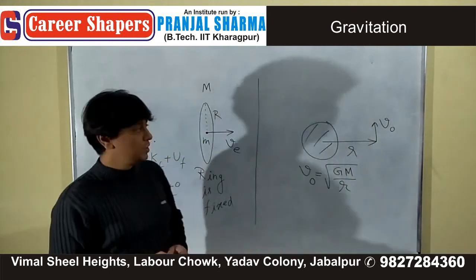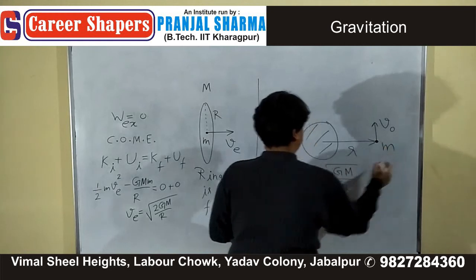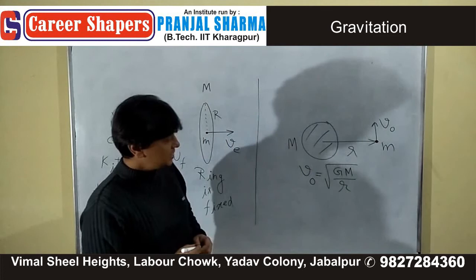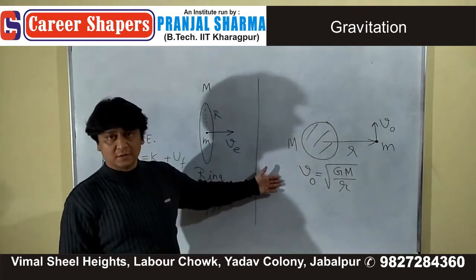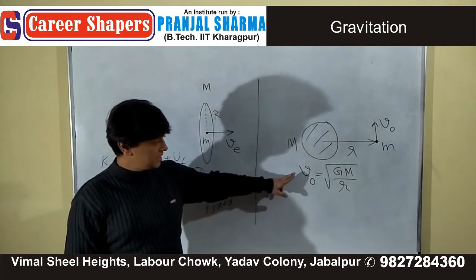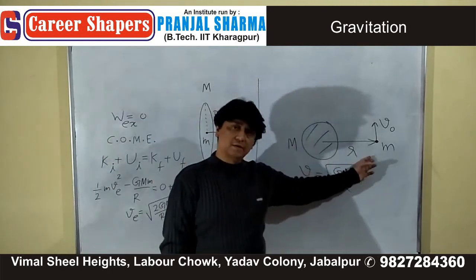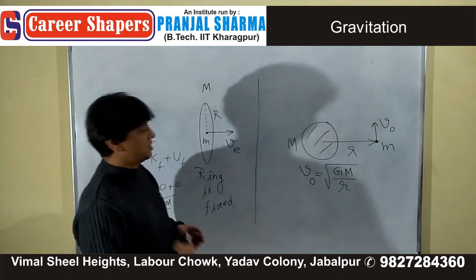That was the orbital velocity of the satellite, small m, around Earth of mass M. The question is, with what factor one must increase orbital velocity so that this satellite can escape to infinity? Write down the question.